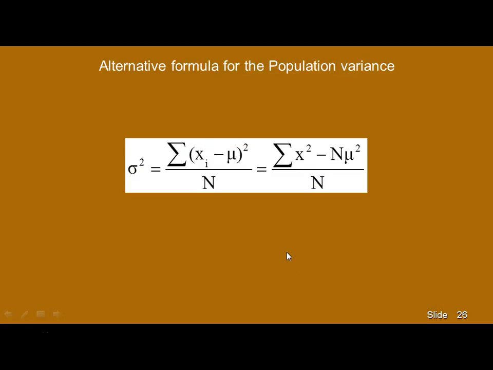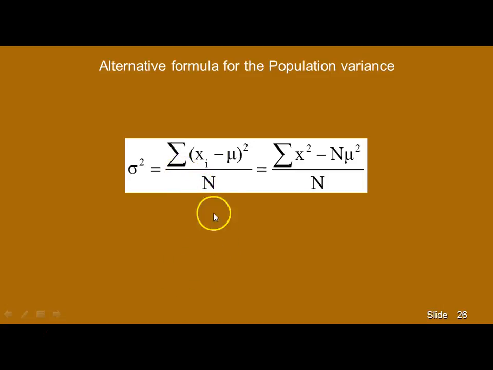I'm going to give you an alternative formula for calculating a population variance. On the left, we have the formula we've already looked at. If you wanted to use this formula, you first have to find the mean, mu. Then you have to calculate all the deviations around the mean. You have to square them, add them up, and divide by n.